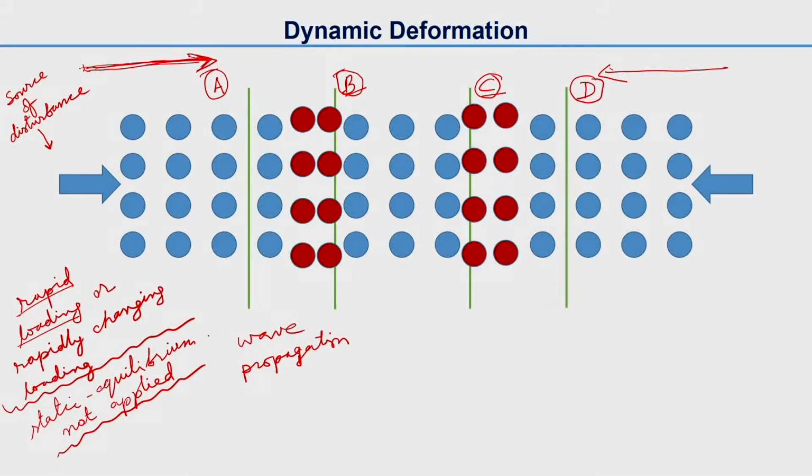This is actually elastic wave propagation, as the deformation is elastic. Later we will get some other types of waves, like plastic waves. In this elastic wave propagation, the atoms are experiencing considerable acceleration.